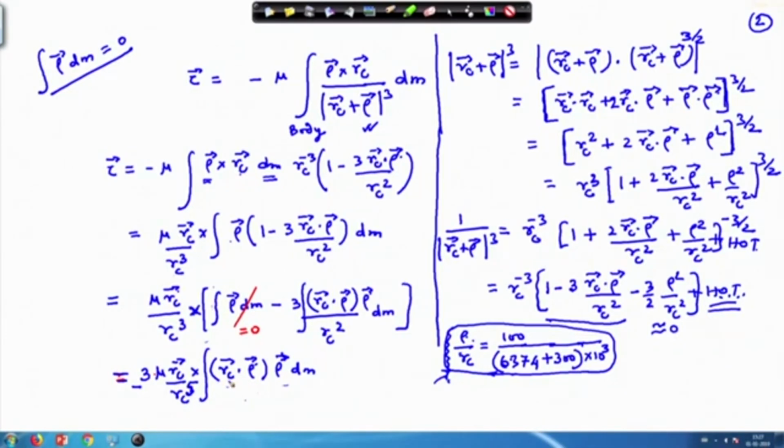So, if you see, this is a scalar R c dot rho, this is a scalar, and this is operating on. So, this R c is a vector whose dot product you are taking with rho. Now, this quantity we need to work out. So, this is your tau.